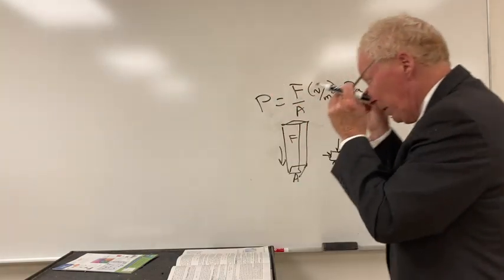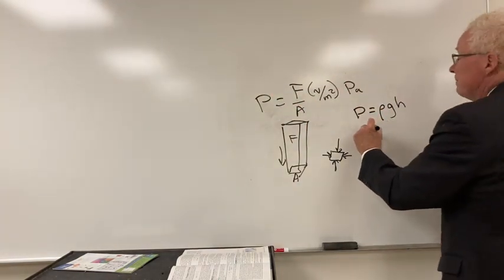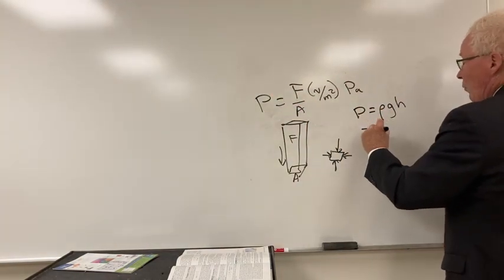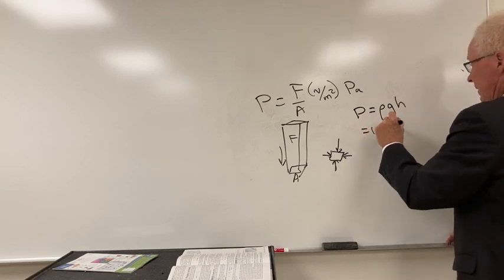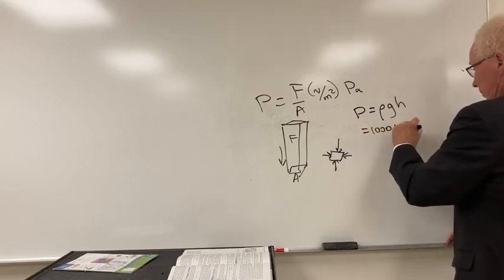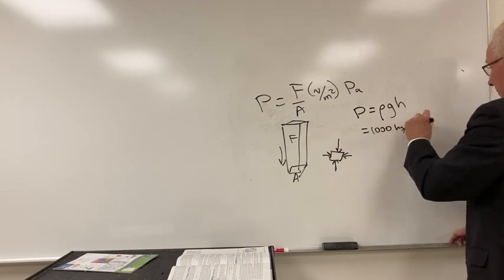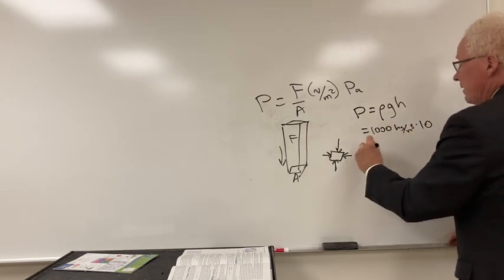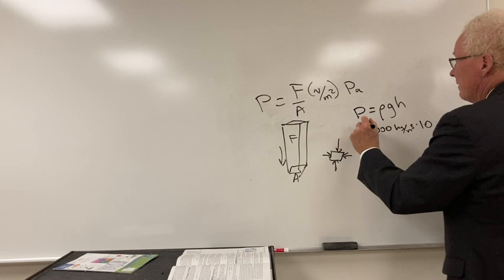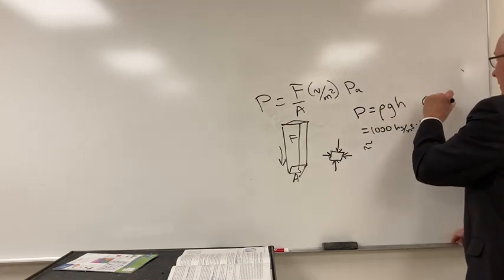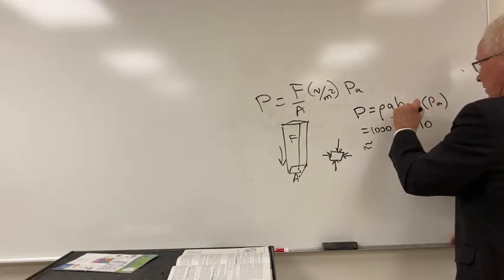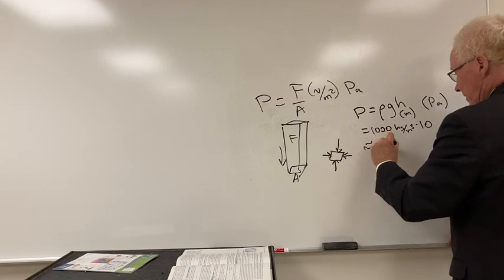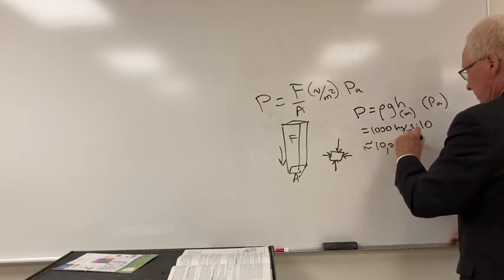All right, so for water, this would be, again, 1,000 kilograms per meter cubed times g, which is approximately 10. So in pascals, where h is in meters, it's approximately 10,000 times h.